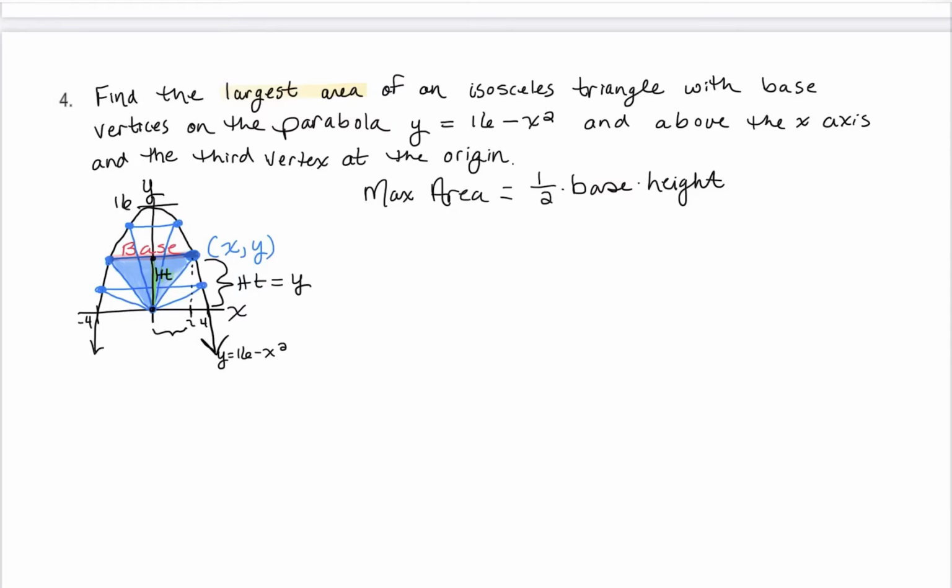So from here to here, this is what x is. So that's going to tell us then that the full base, so from here all the way over, is going to have to be twice that. So the base is going to be 2x. So our height was the y, and then the base is the 2x.